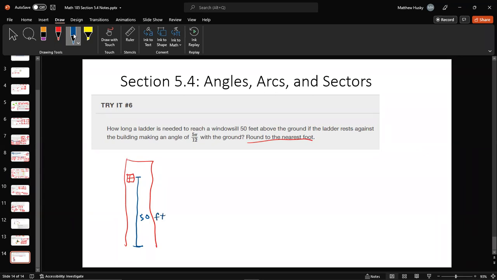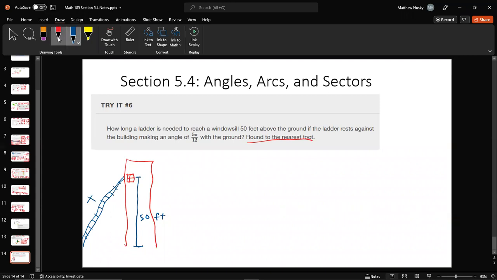And then we have a ladder that's going to be against the building here. Really bad drawing, but okay, there's your ladder. And we need to know how long this ladder needs to be.